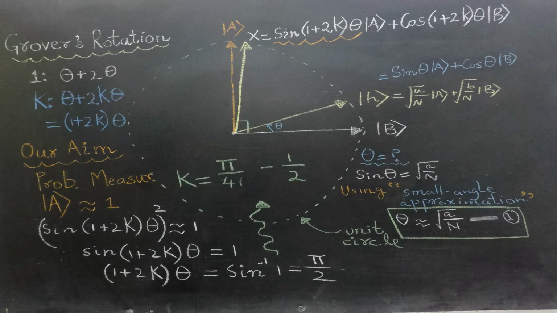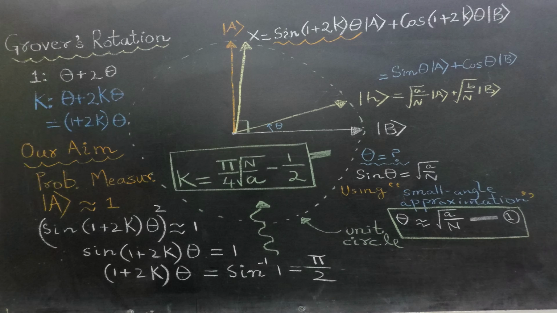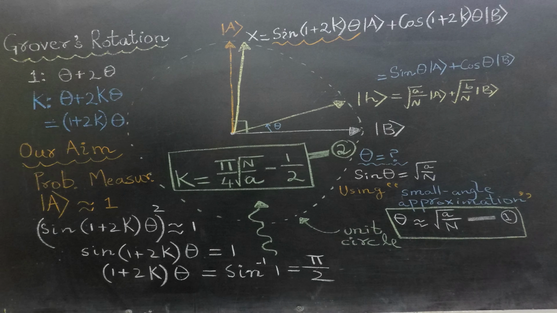Now we can use the value of theta that we calculated earlier and replace it in this equation. Thus, our K will become pi by 4 times the square root of N over small a minus 1 over 2. In case we do not know the value of small a, we should replace it with 1.